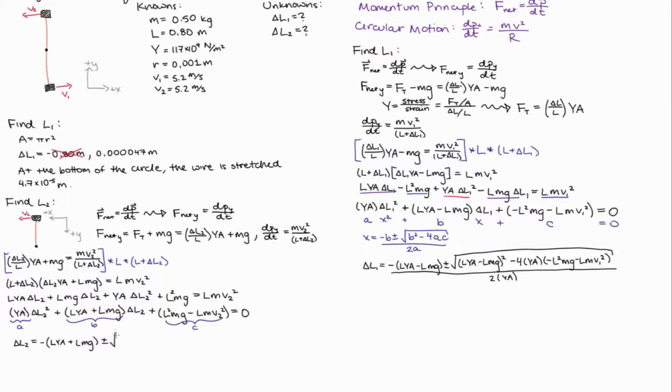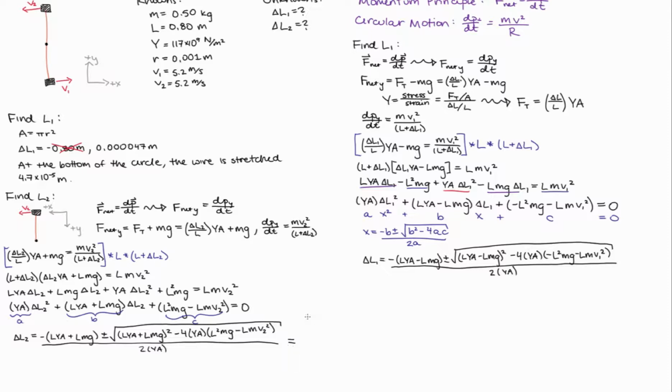We find delta L2 equals negative the quantity LYA plus Lmg, plus or minus the square root of the quantity LYA plus Lmg squared minus 4YA times the quantity L squared mg minus Lmv2 squared, all over 2YA.